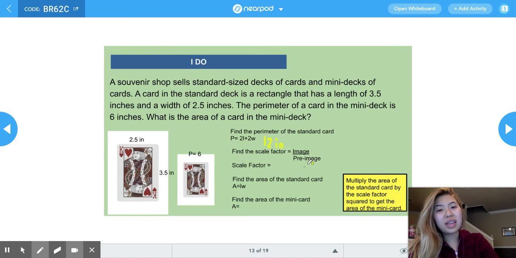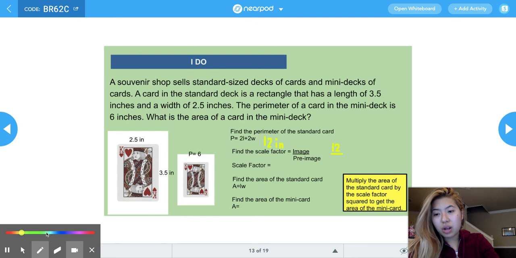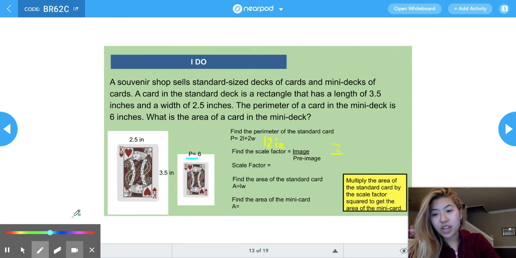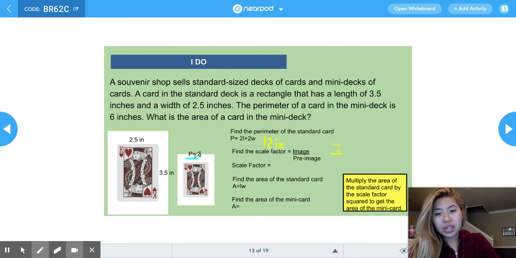So now we have to find the scale factor, right? So we actually know that the dilated image's perimeter, which is what goes on top, is 6.